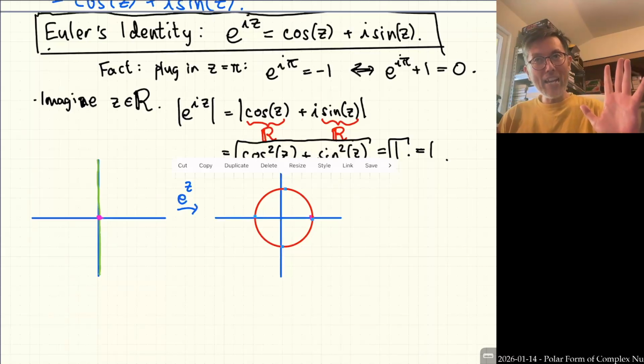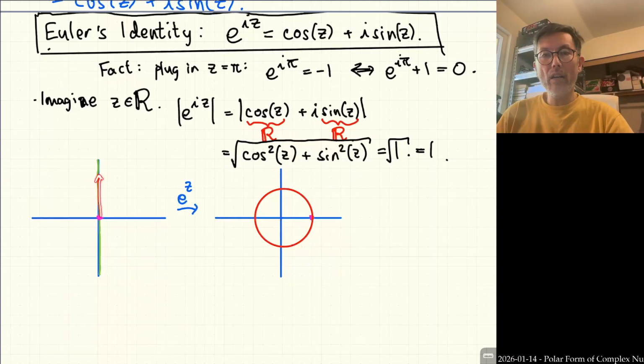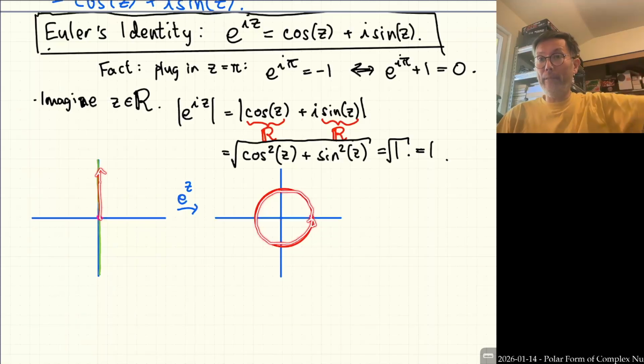In other words, as we travel upward along this imaginary axis in the z-plane, over here we are traveling around this unit circle in a counterclockwise fashion. If we start out at 0 and go up to 2 pi, we will have traversed this unit circle one full revolution. Does that make sense? And as we move past 2 pi i, we're going to travel around this unit circle even more times.